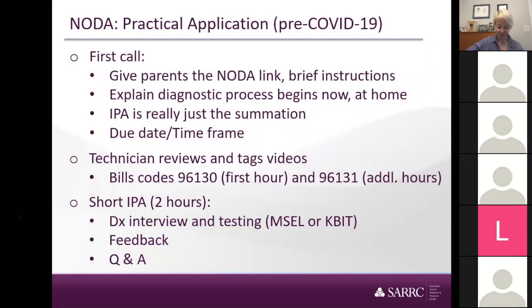So either the Mullen scales or the K-BIT is used to do that, and we also collect the Vineland during that time as well. And then the psychologist compiles all of the information from all of the different assessments, and then provides feedback to the parent for about an hour and satisfies that need for personal Q&A to make sure that the parent is really understanding the information that we're providing and clearly understands what their next steps are.